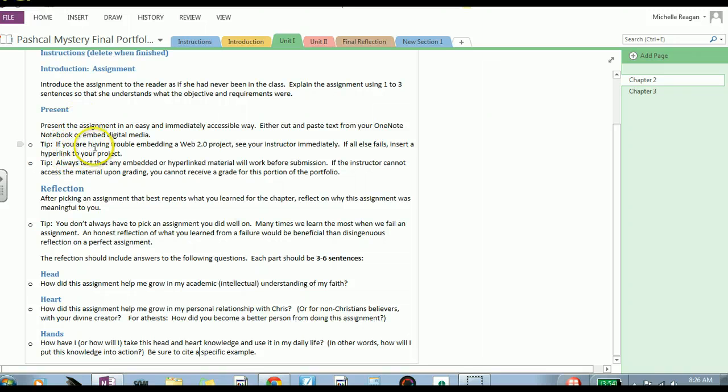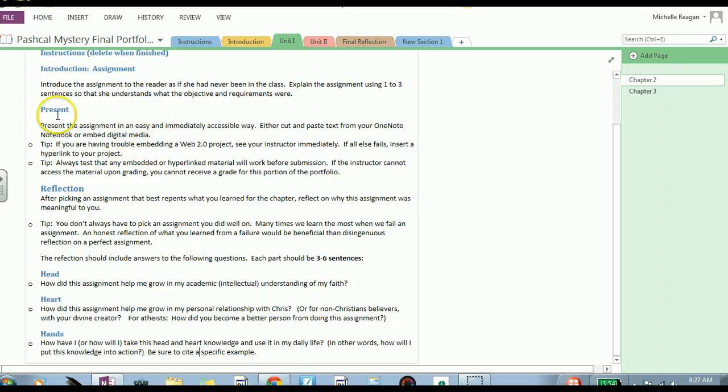If you wanted to put a reflection that you wrote in your OneNote, copy and paste it right here so that we could see it. If it was, for example, for chapter 3, if you wanted to do your Hesed project, take a screenshot of the project itself and below put a link to the URL so we could see it.